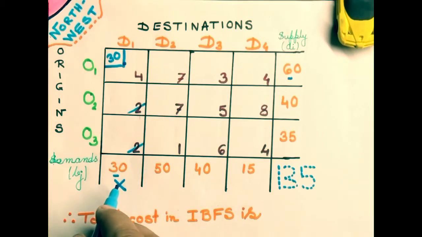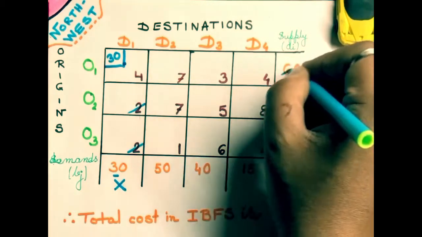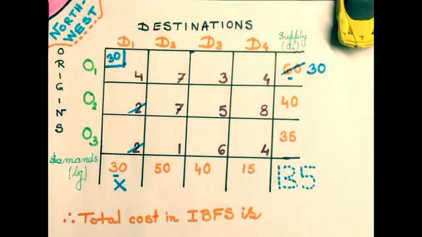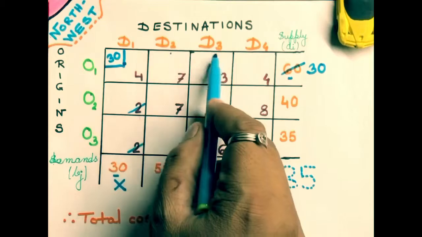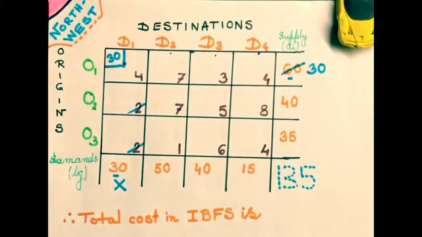As 30 units of demand have been met from 60 units of supply, so the remaining supply is 30 units only. We consider the rest of the table that comprises of second column, third column, fourth column of the original transportation table.